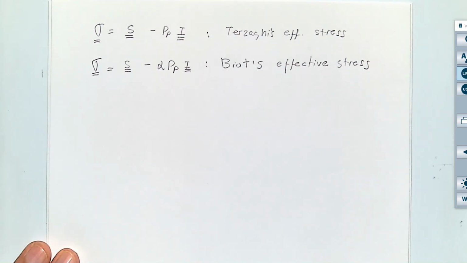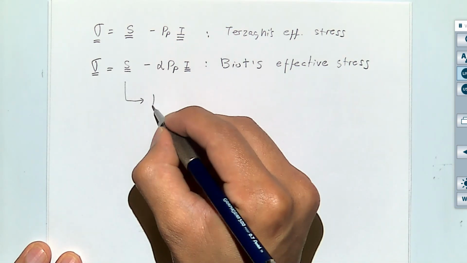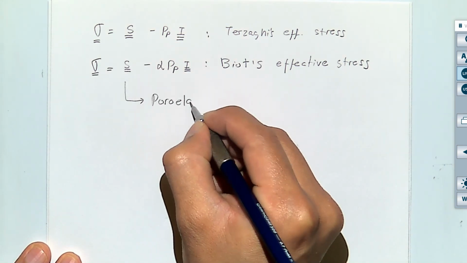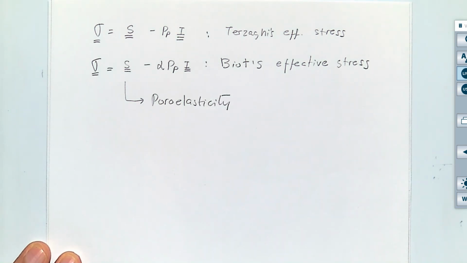All right, so then we have Terzaghi effective stress, and we have Biot effective stress. Many people just use this equation to refer to poroelasticity. Poroelasticity is a lot more than that. This is just effective stress corrected by the Biot coefficient, but that's not poroelasticity.